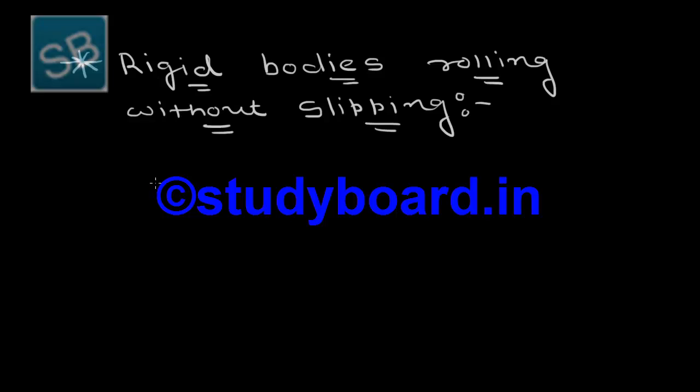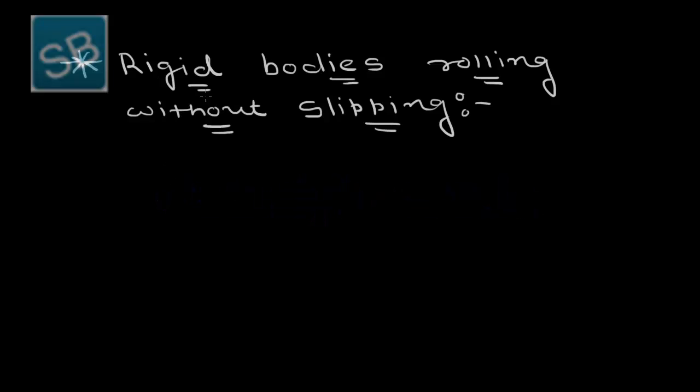Let's start the last topic of this unit number 2, rigid bodies rolling without slipping. So here we have to consider a case of again a rigid body, and in this particular case we are rolling the rigid body without the effect of slipping.